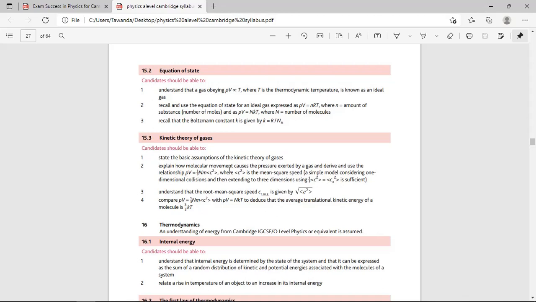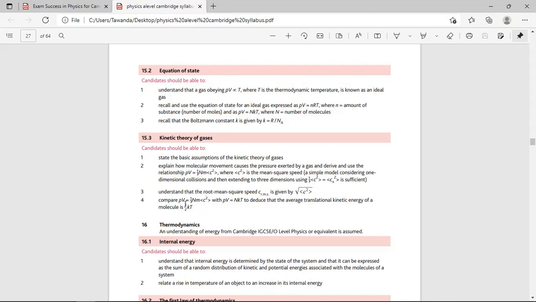They are saying explain how molecules cause the pressure exerted by the gas, and derive and use the relationship PV equals 1/3 N m <c²>, where this <c²> inside these brackets is what we call the mean square speed. And we also need to take note of the root mean square speed, that will be the square root of that.